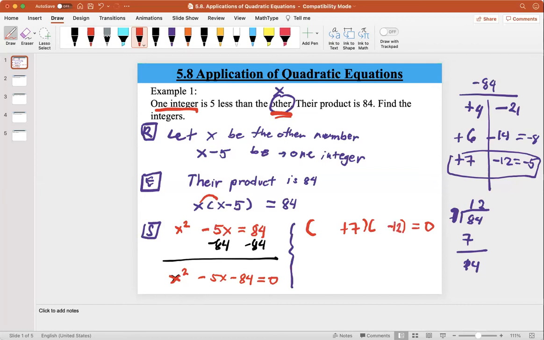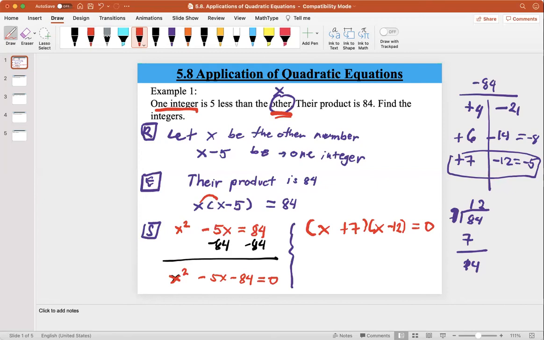But what else is missing? The factors of x squared. What are the factors of x squared? x times x. So now we have x plus 7 and x minus 12. And we solve the equation by setting each factor to 0.